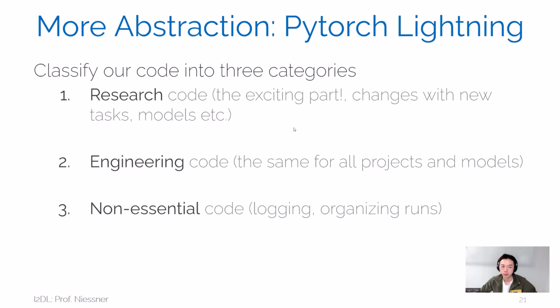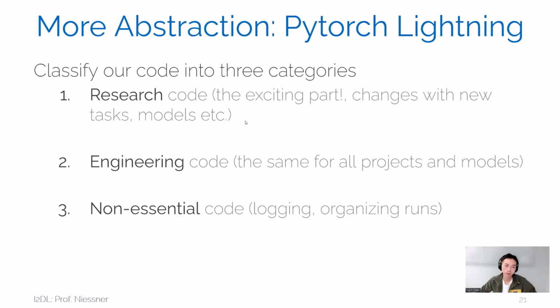You may want to change the model a little bit, or change the task a little bit, like using the same model for a slightly different task, or for the same task testing different models to see how they perform differently. This is the research code.